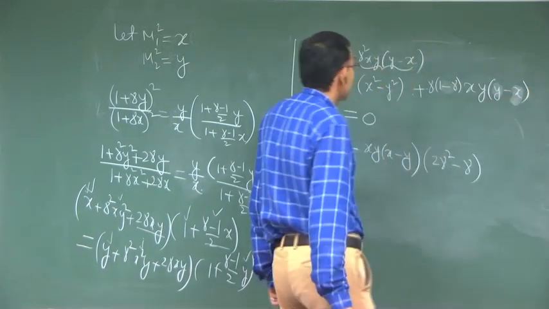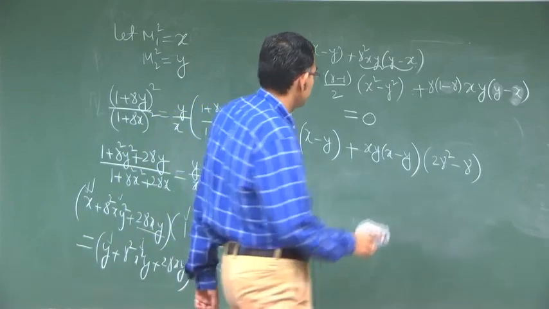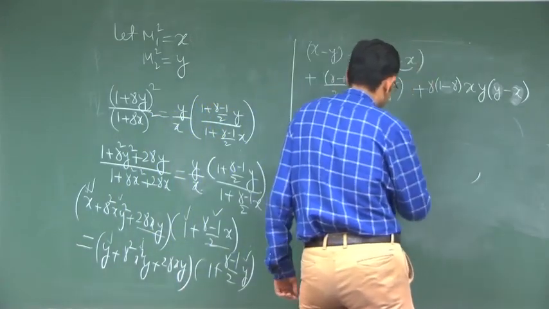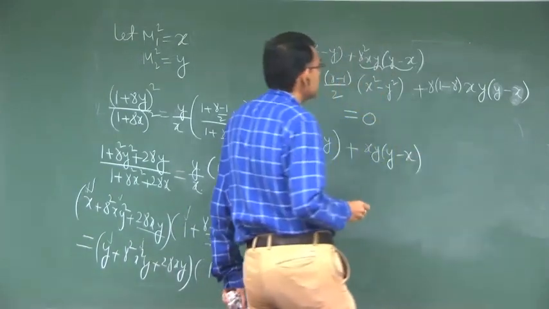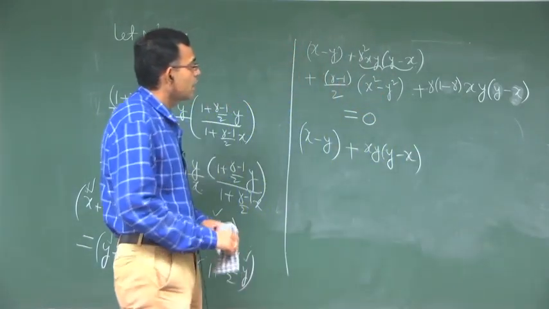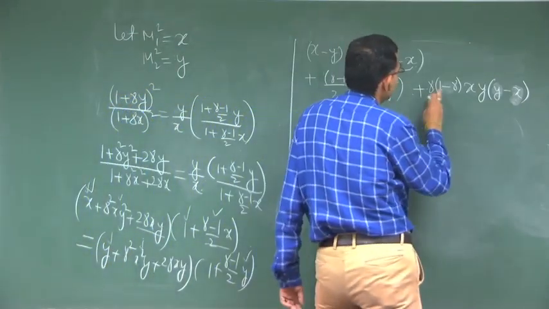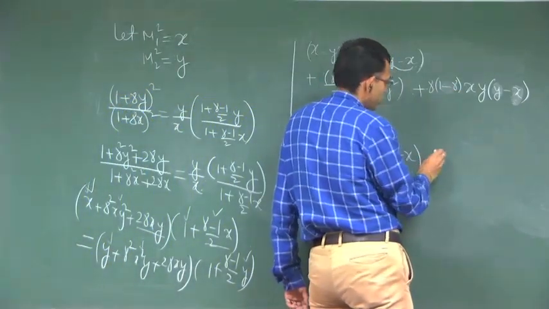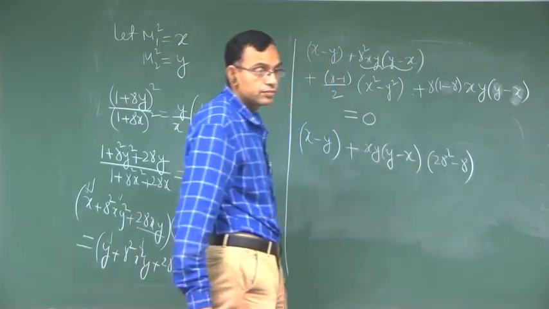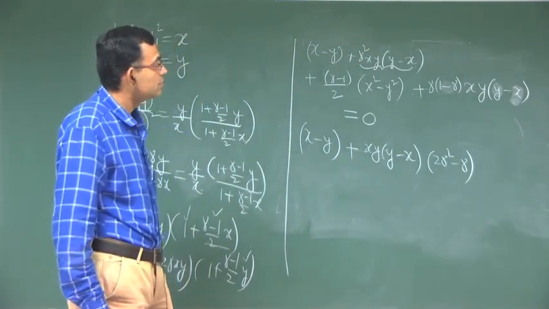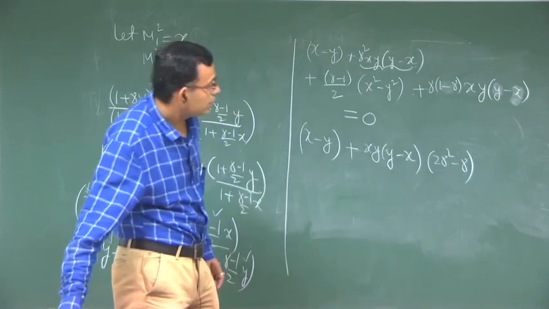So if you take x y into (y minus x) as common, then you have gamma square plus another gamma square. So 2 gamma square minus gamma. Gamma square plus gamma minus gamma square. They are on the same side, I was just taking it the other way.